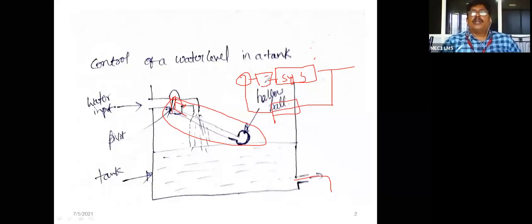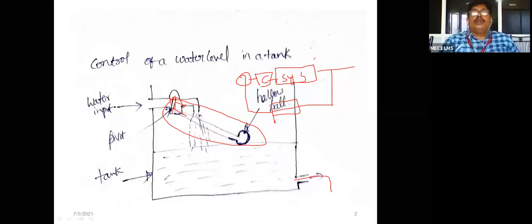C is nothing but the controller. Here this control element is nothing but this arrangement. This arrangement in turn activates the total system. That means whenever the water falls into the tank, this arrangement will open the water flow, or it will cut off the water flow into the tank.